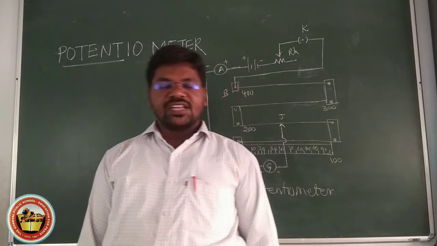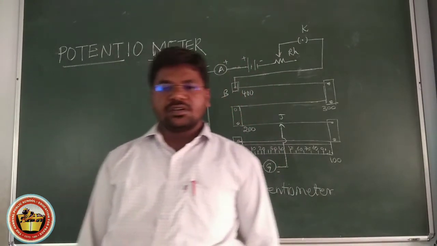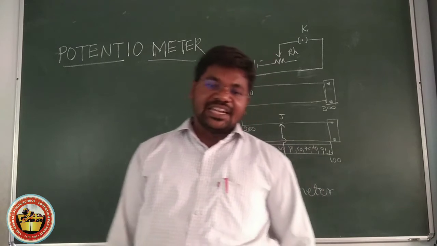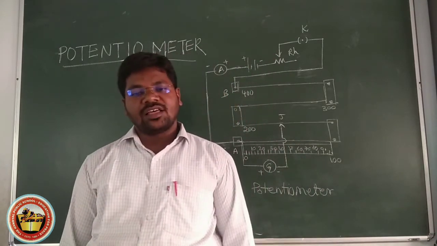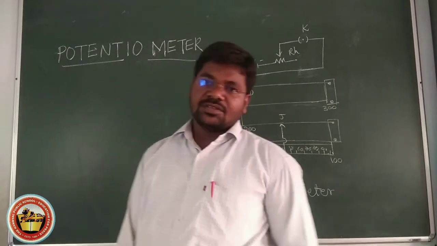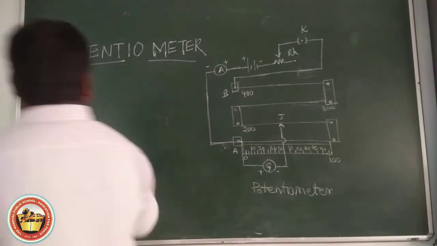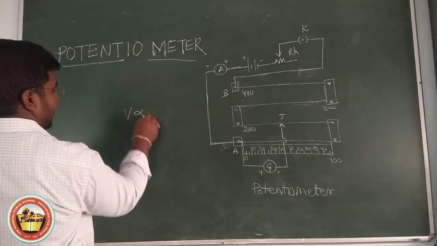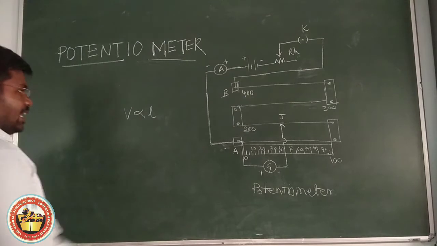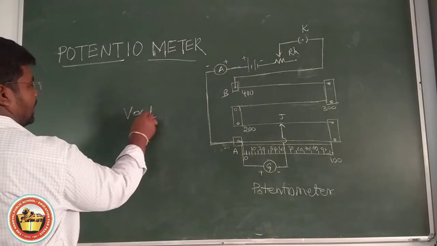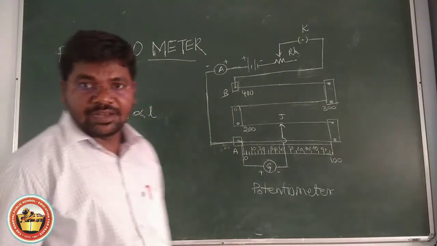Or the potential drop of the wire is directly proportional to the length of the conductor. So we can say V is directly proportional to L.